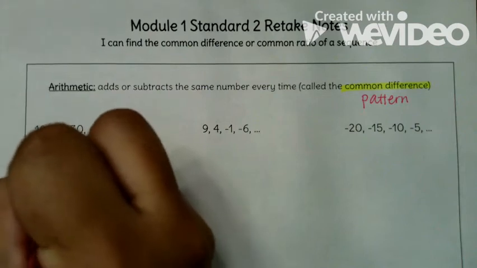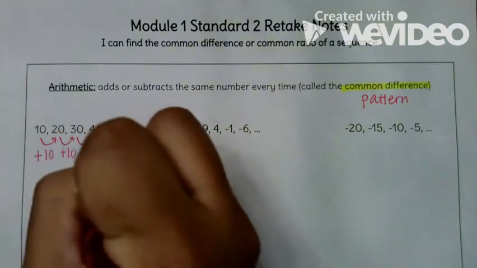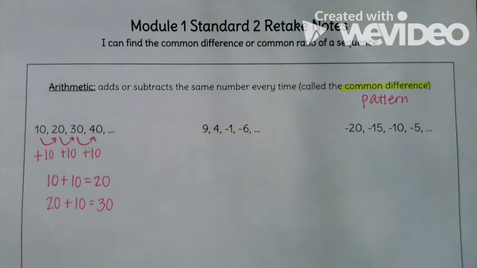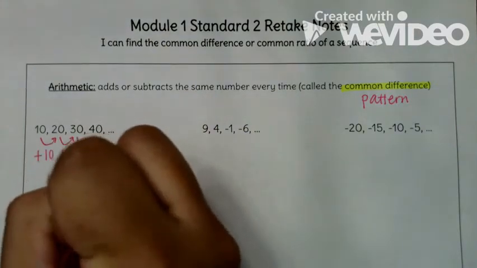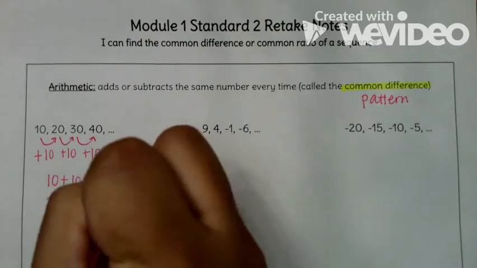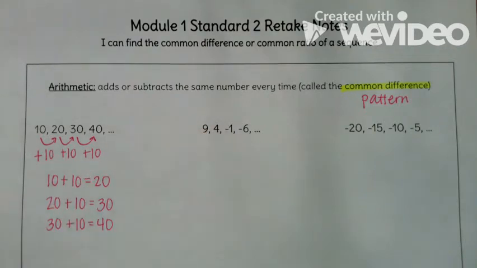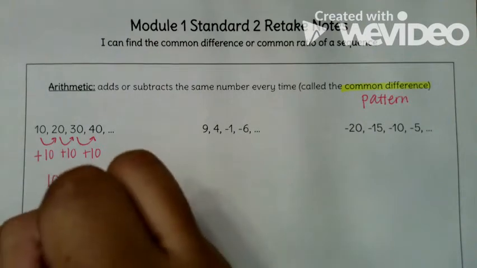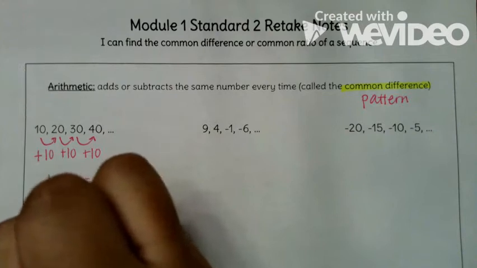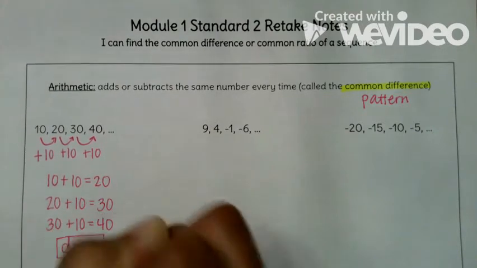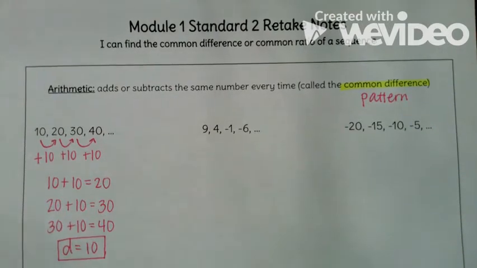Then if I have 20 and I add another 10, I get 30, which is my next term. If I have 30 and I add 10, I end up with 40, which is my next term. So every time I add 10, I keep getting my next term, which means my common difference D is equal to 10, because that's the number that I'm adding.